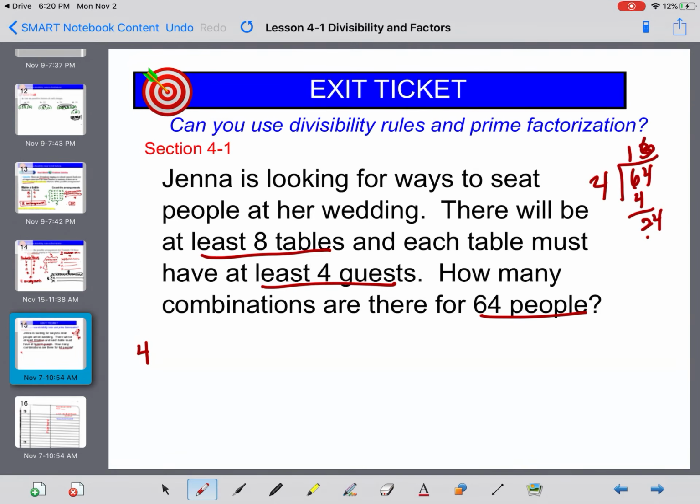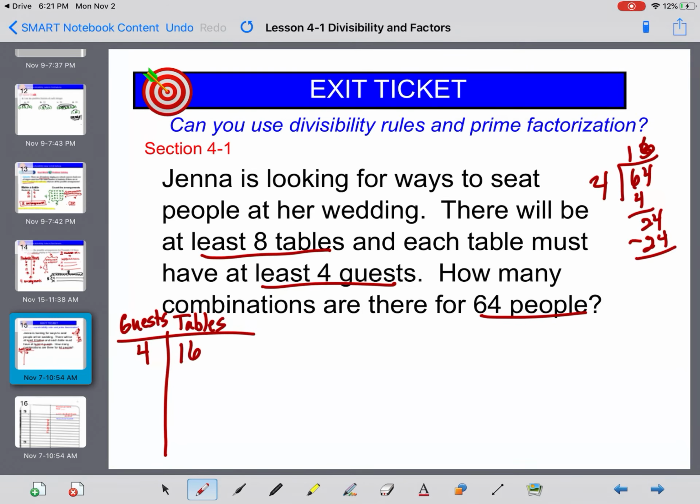How about we say 16? It's getting late at night here. All right, so 16. So I could have 4 people at a table, and then I would need 16 tables. So this is my number of tables, and this is guests at each table.